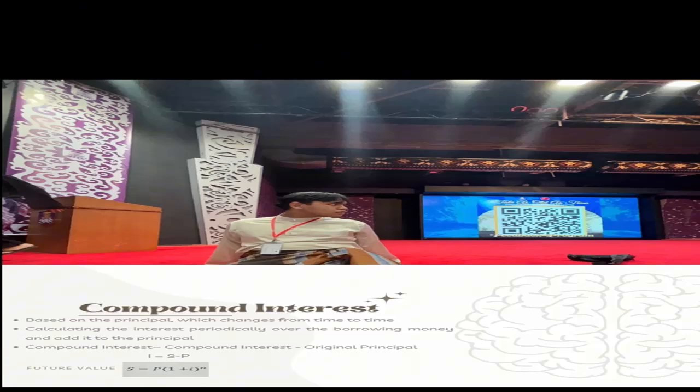It calculates the interest periodically over the borrowed money and adds it to the principal. Compound interest must be higher than the original principal. The formula is interest equals compound amount minus principal.